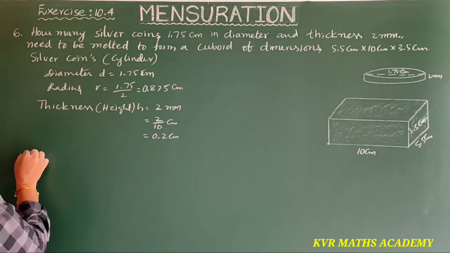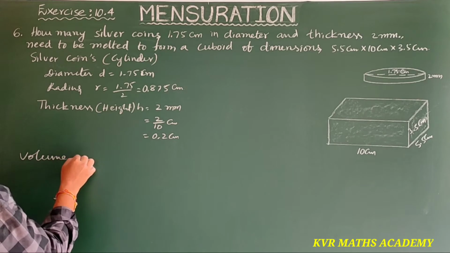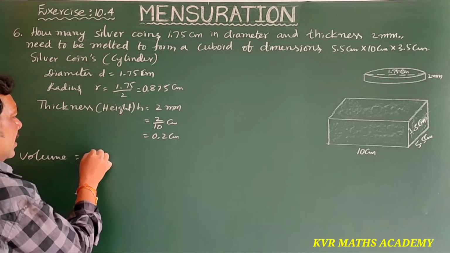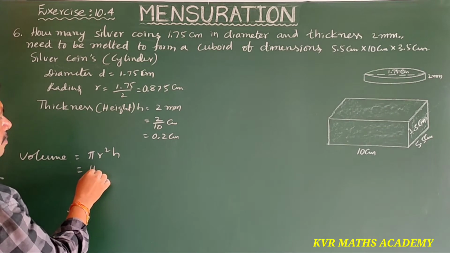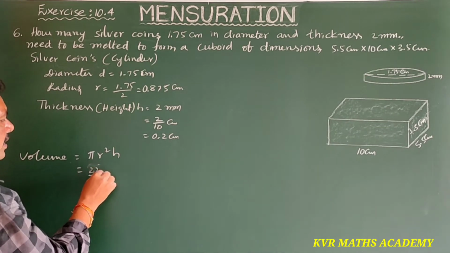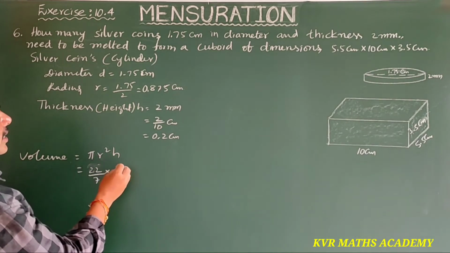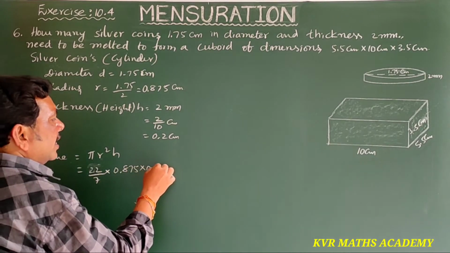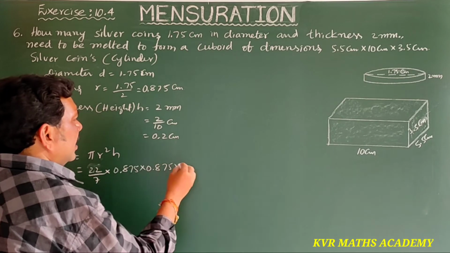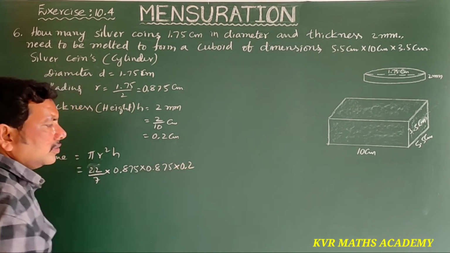Its volume is equal to, what is the formula of the cylinder? It is pi r square h. So pi means 22 by 7, into its radius 0.875 into 0.875, into its height 0.2.